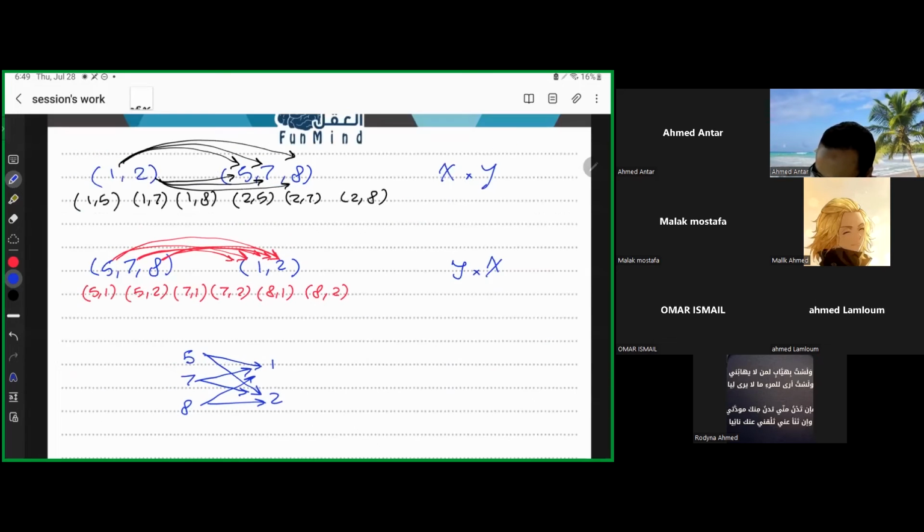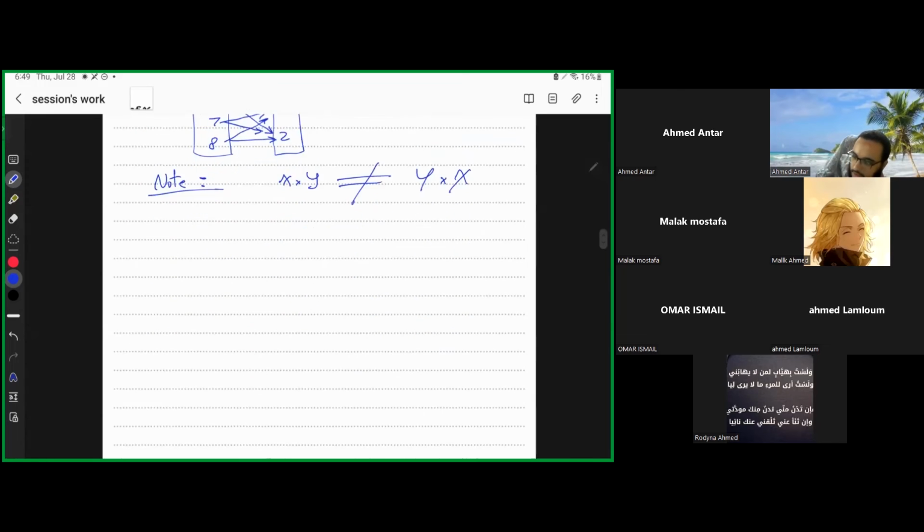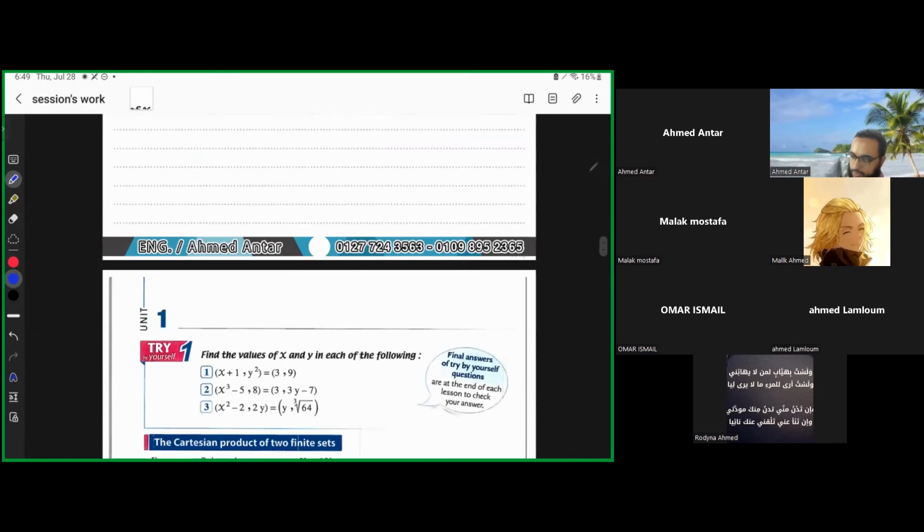No. So right now we can get a very important note to write: x Cartesian y doesn't equal y Cartesian x. Okay? If there's any problem right now, I think there is no problem.